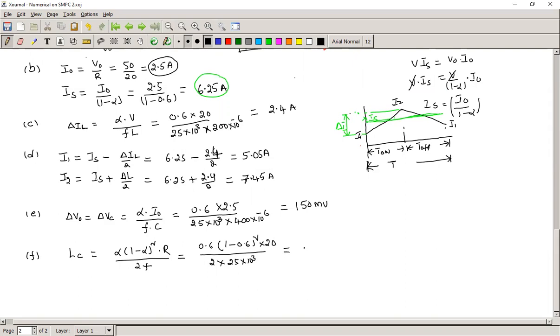We are getting the value 38.4 microhenries. If the inductance value is less than this value, the inductor current comes to zero and stays at zero; nothing but the inductor current becomes discontinuous. If the inductance value is more than this value, the inductor current is continuous. It does not come to zero.